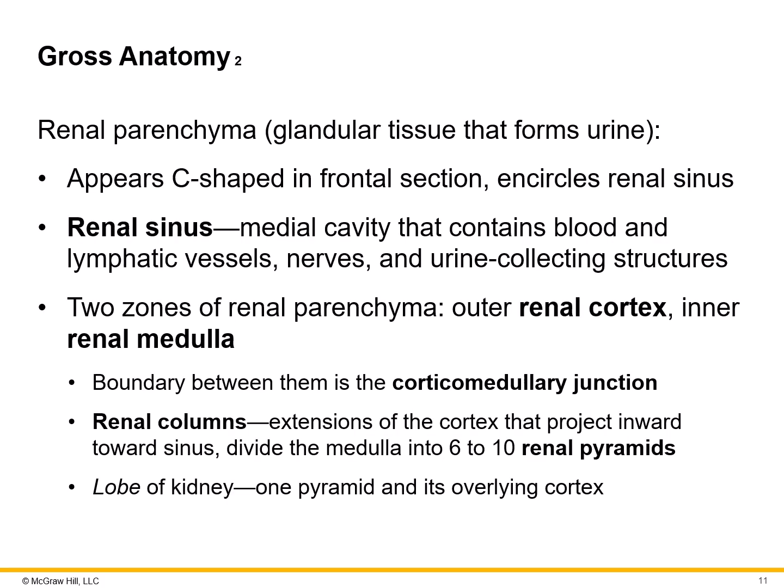Now let's look inside the kidney itself. So your kidney is made up of renal parenchyma, which is a glandular tissue. This is going to contain the cells that are going to actually form urine. Now, again, we got a C shape to our kidneys.